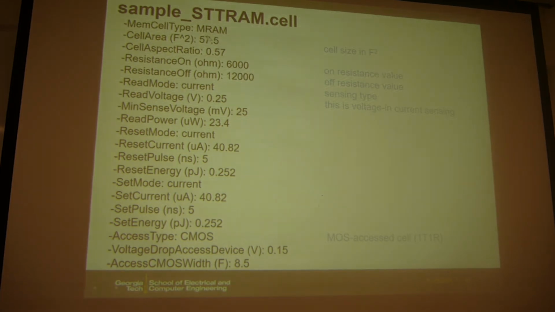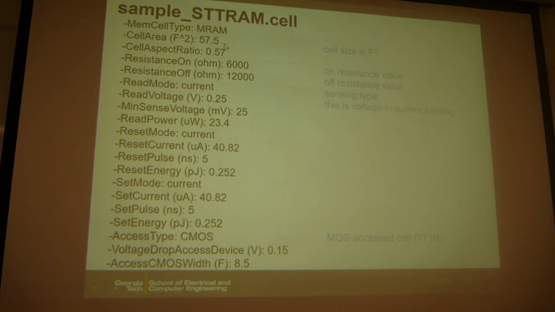And then if you look at the sample STT-RAM .cell file, this is one file to be loaded in. This defines the memory characteristics, like the cell area in terms of F square. In this example, it's like 57 F square for the STT-MRAM, as we discussed.